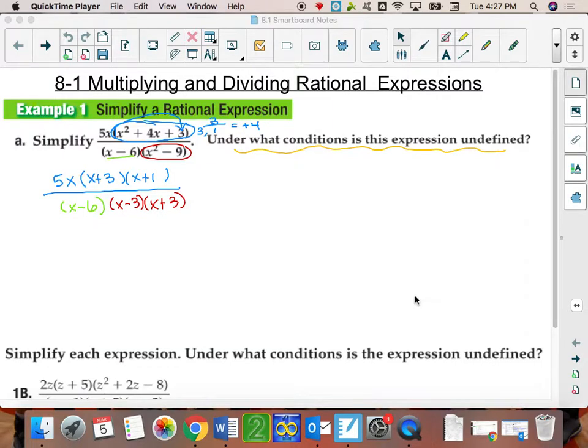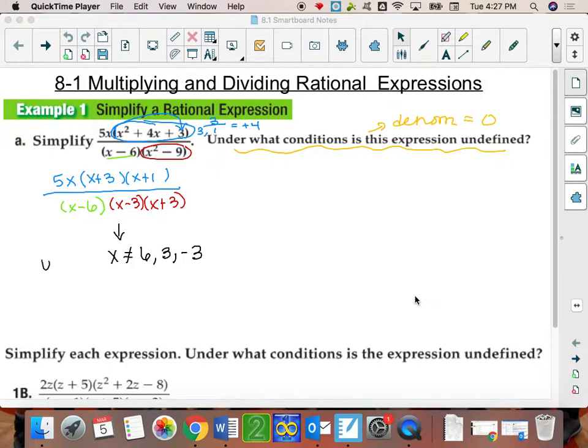Something is undefined when the denominator is 0, so we don't want our denominator to be 0. So x cannot equal, and you always go off your original denominator, 6, 3, or negative 3.